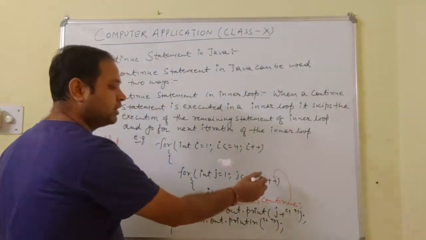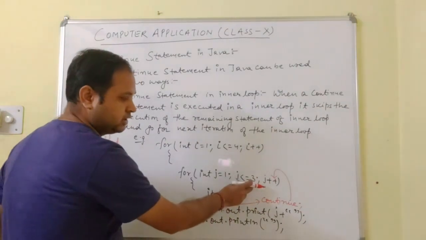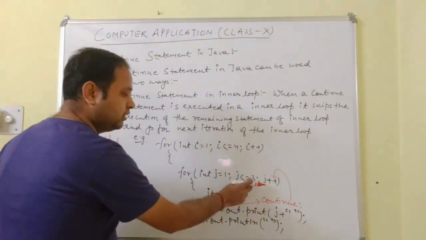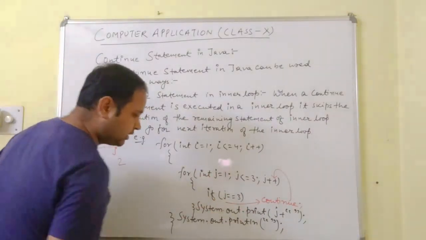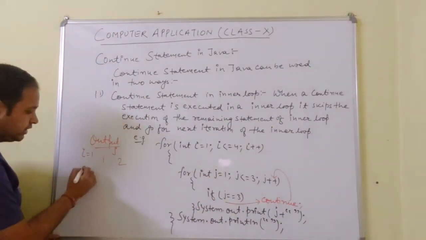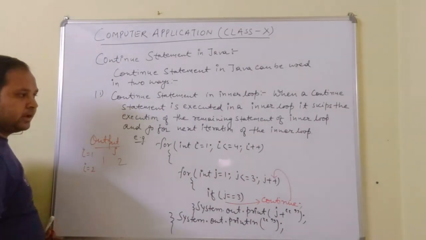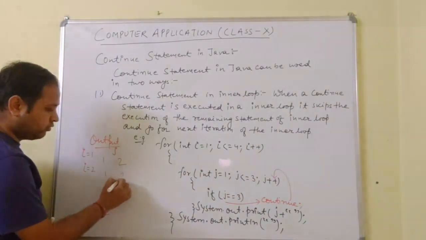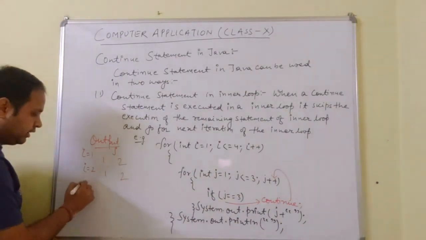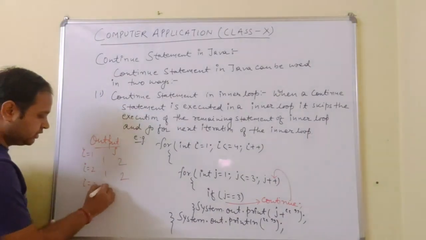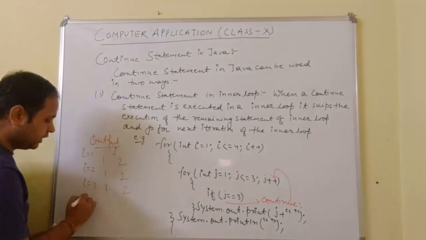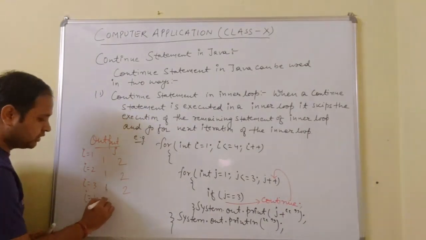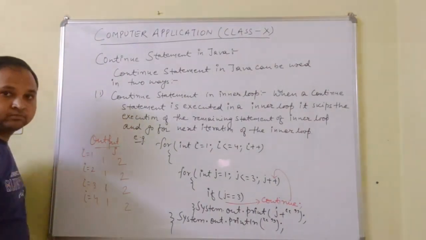When the j value becomes 4, the condition becomes false, and it comes outside the inner loop, and the cursor line is changed. Then we get i equals 2, and here also the same thing happens. You will get 1 and 2, and at i equals 3 also 1 and 2, and at i equals 4 also 1 and 2. Okay.